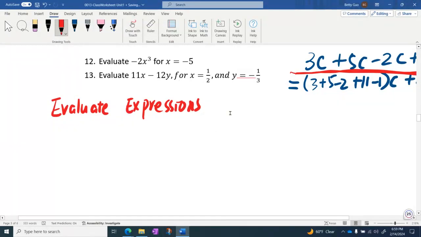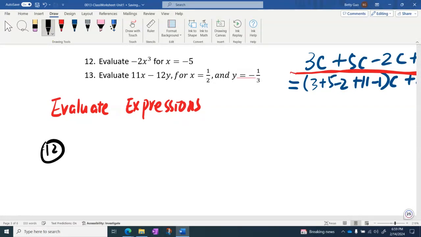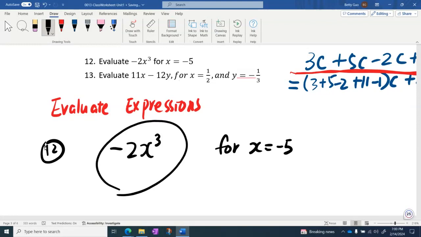That's it. Okay, so let's explain number 12. Number 12 is to evaluate this expression, -2x cubed, for x equals -5. All right, this is a term actually, but it is also an expression.